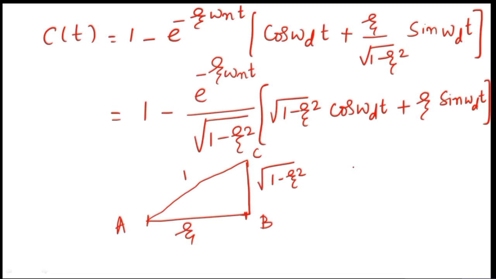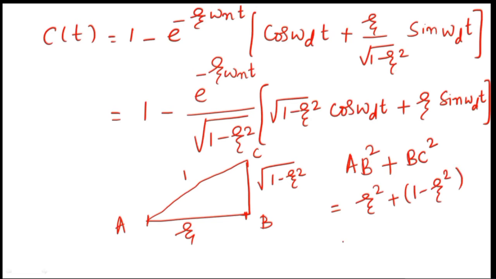Using Pythagoras theorem, I am trying to find the value AB square plus BC square. AB square plus BC square is equal to zeta square plus BC square. BC value is equal to under root 1 minus zeta square, so BC square is under root 1 minus zeta square whole square, which is 1 minus zeta square.